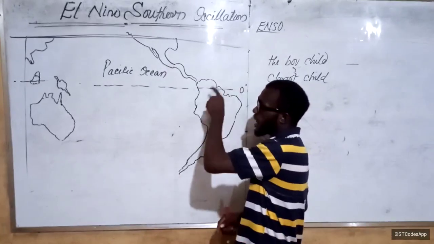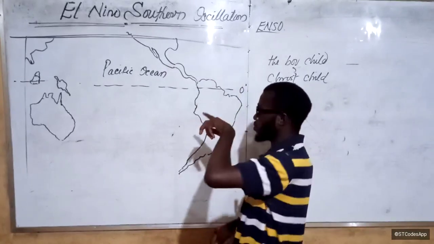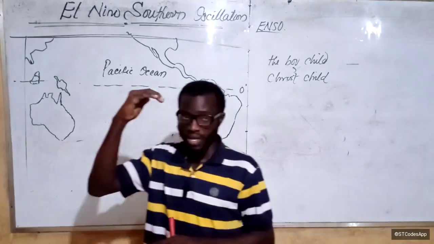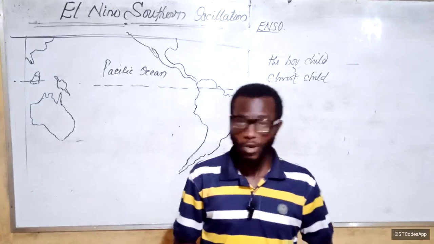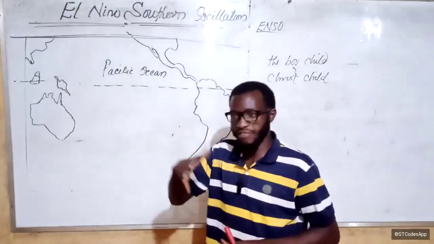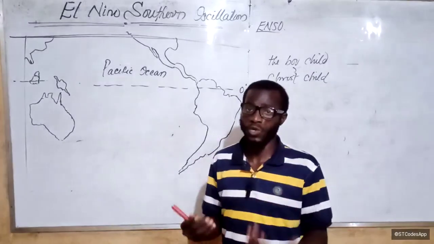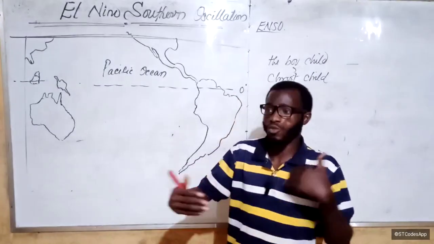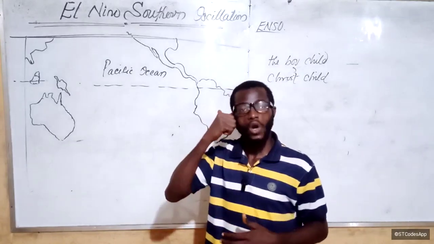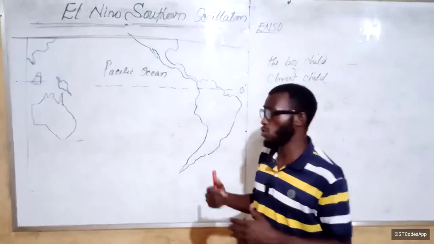But that wind will not come directly to the low pressure zone. It is going to be diverted in a way, and that diversion is because of the Coriolis effect, which is a response to the rotational motion of the Earth.